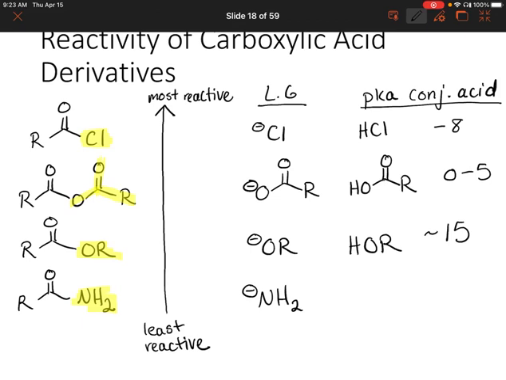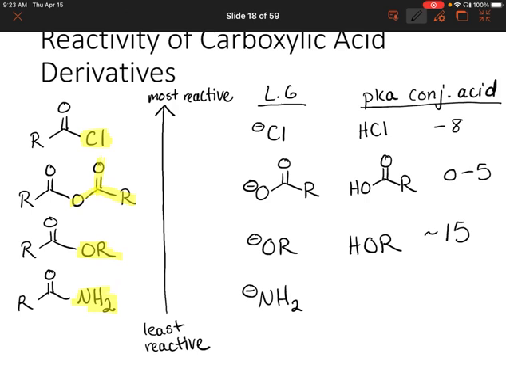Now, alcohols are not as acidic as, for instance, hydrochloric acid or carboxylic acids. So that's going to make our ester slightly less reactive because it has a leaving group that's not quite as stable as these other ones we've talked about.